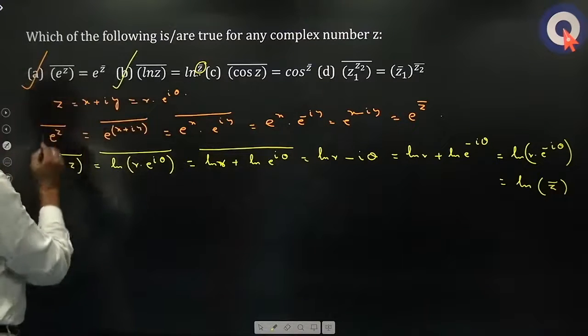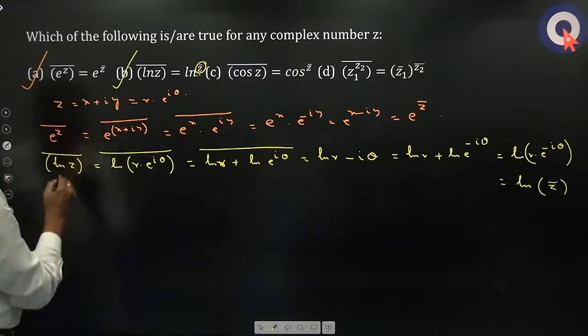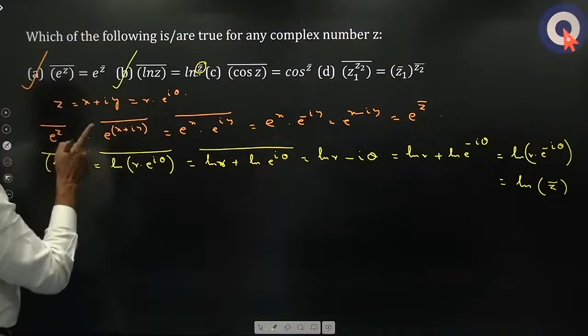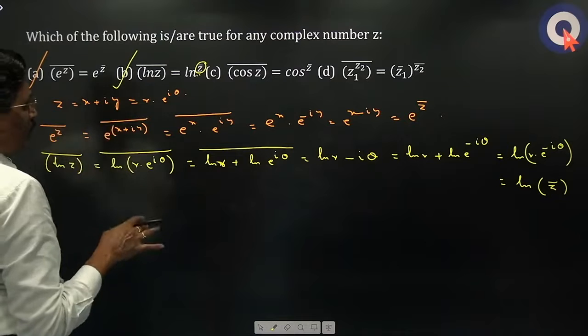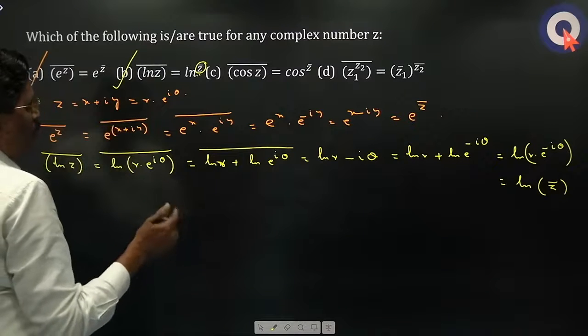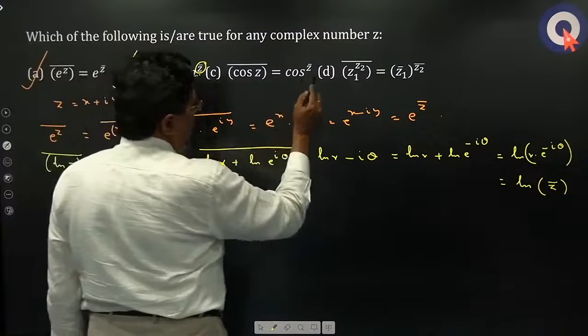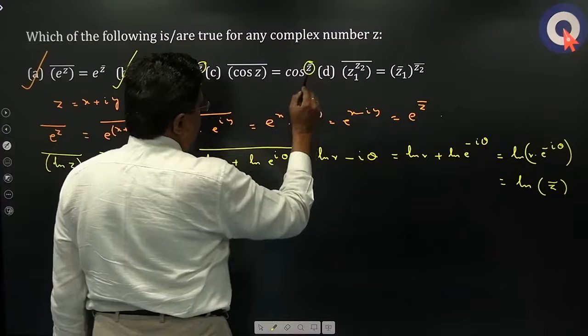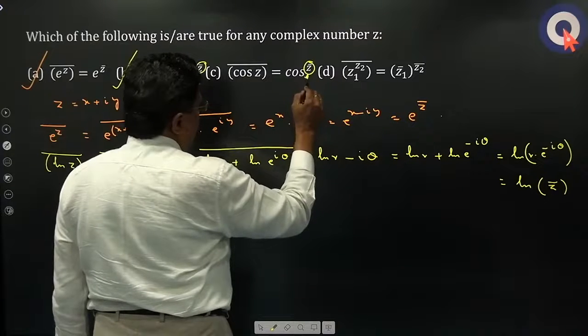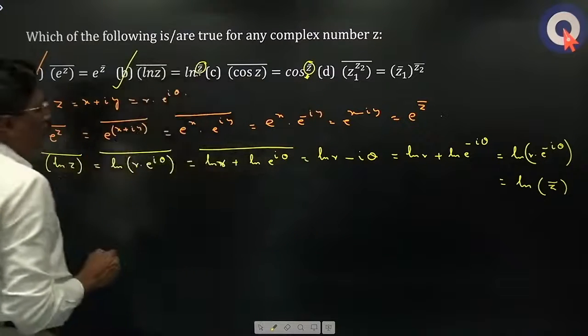All right, the next one is the conjugate of cos z. It is cos z bar.